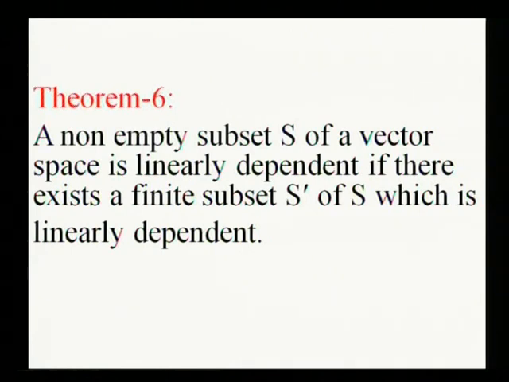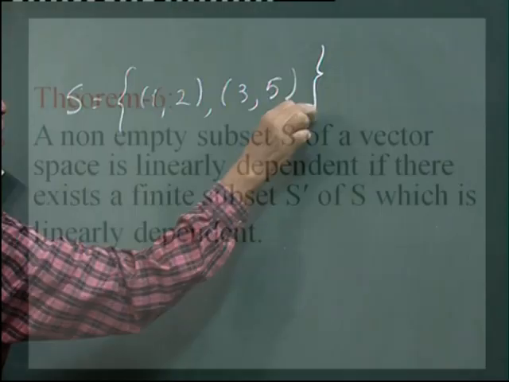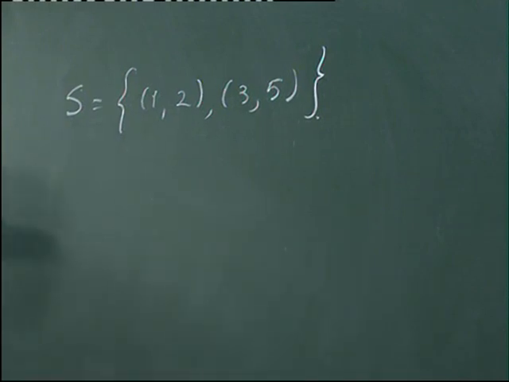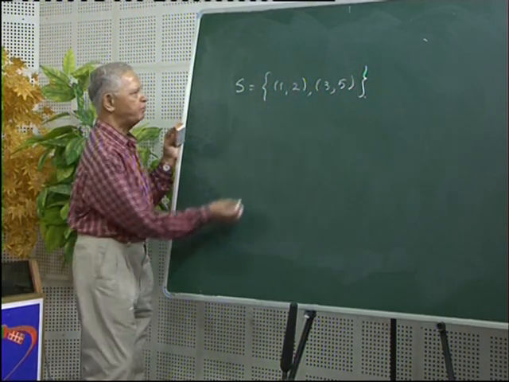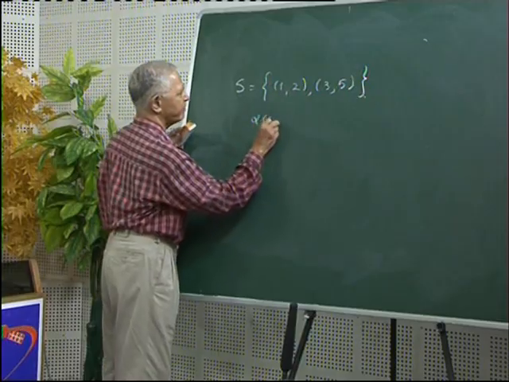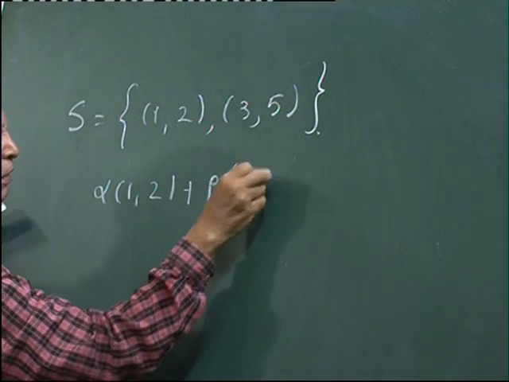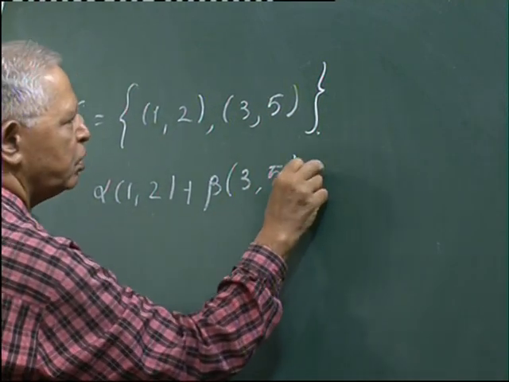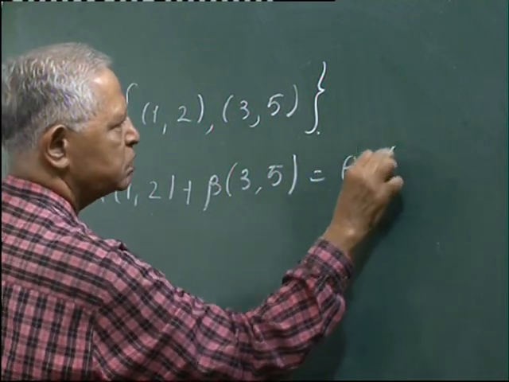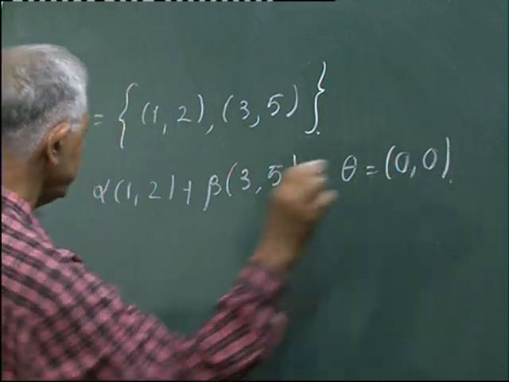Now let me solve one example. Suppose I take the set S equal to {(1, 2), (3, 5)}. I want to see whether this set is linearly independent or dependent, and for that I take the vector equation alpha (1, 2) plus beta (3, 5) is equal to the 0 vector, which is nothing but (0, 0).